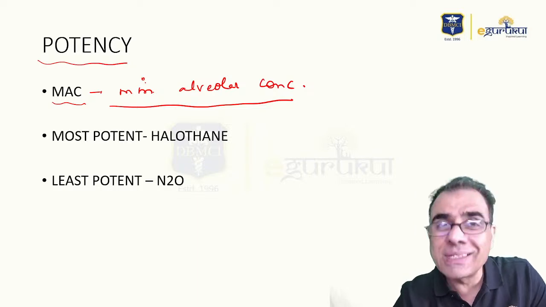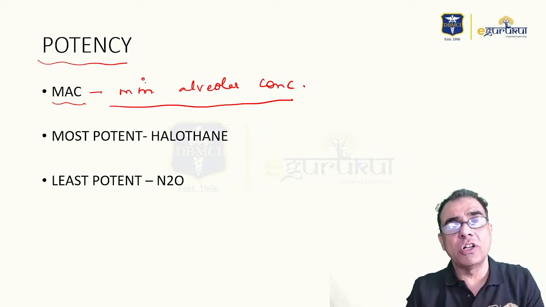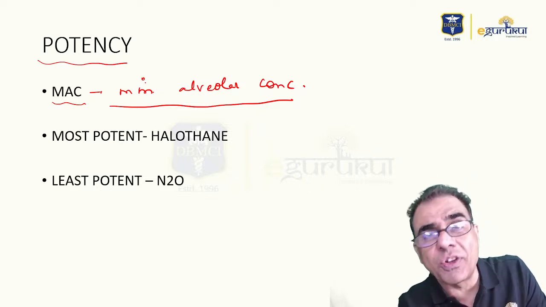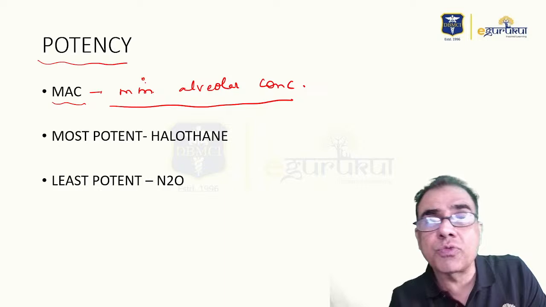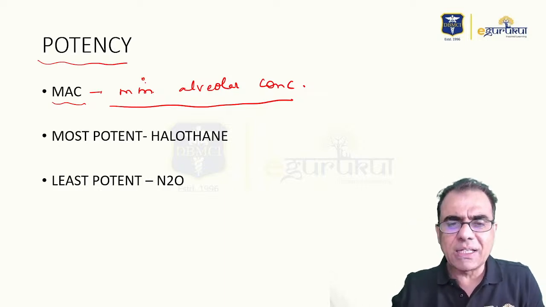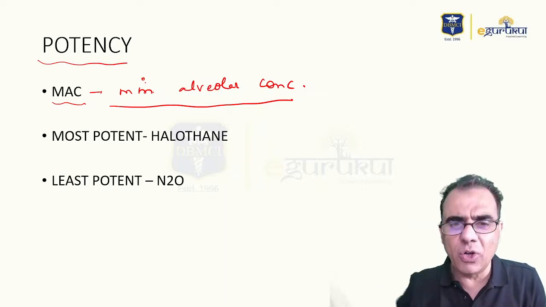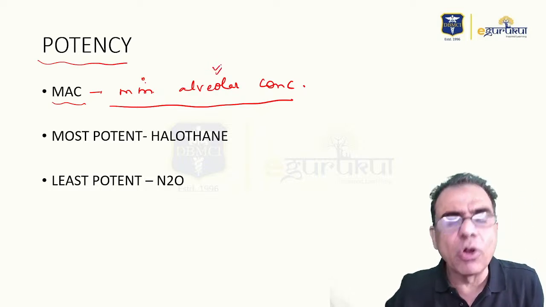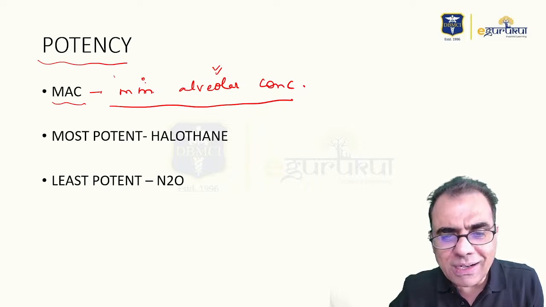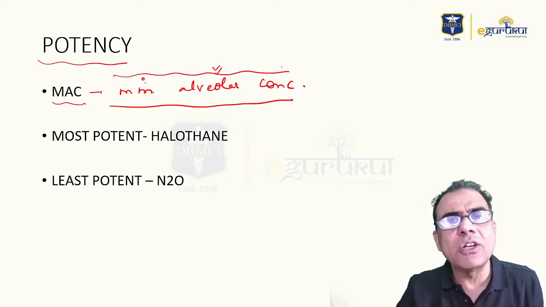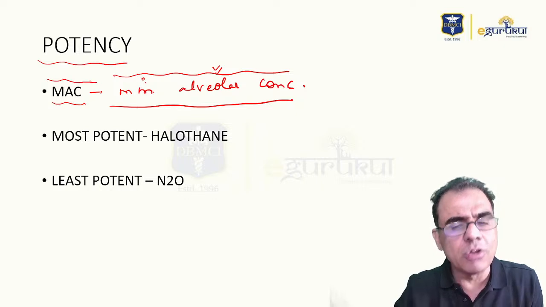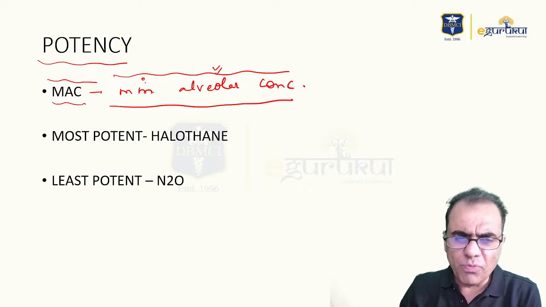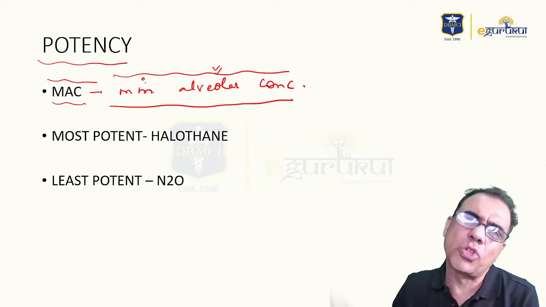That is, concentration 50 you would have read in pharmacology, or minimum effective dose 50. Same as that. Here we say oral or IV dose, but here we are giving through the respiratory route, so we say alveolar concentration. So the minimum concentration which produces effect in 50% of the individuals is the minimum alveolar concentration, and that determines the potency. What you have to remember is the least and most potent.